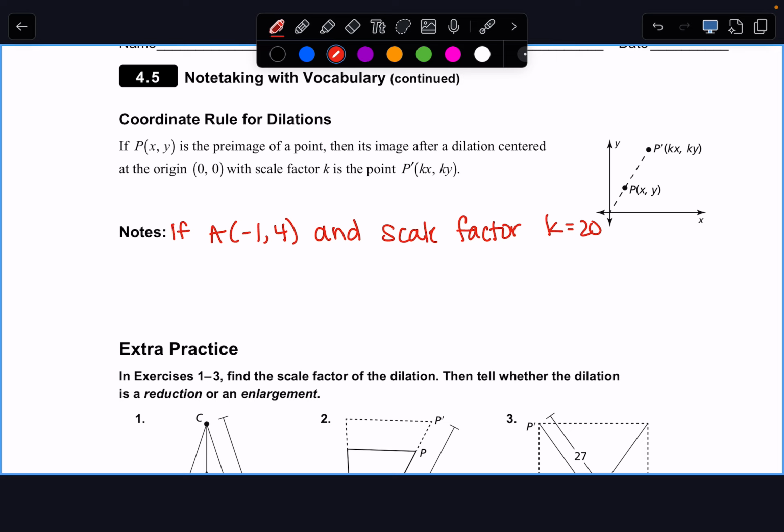That's why we're doing scale factor multiplication. What's our new coordinate? (-20, 80). We literally multiply by the scale factor.